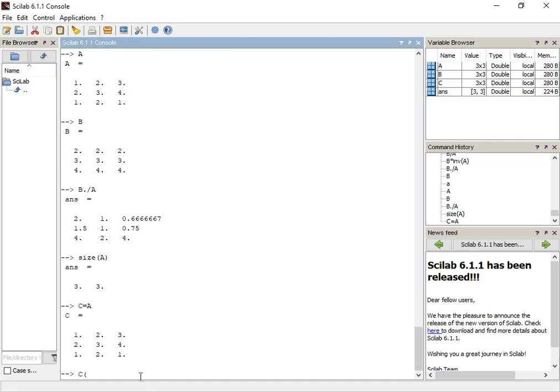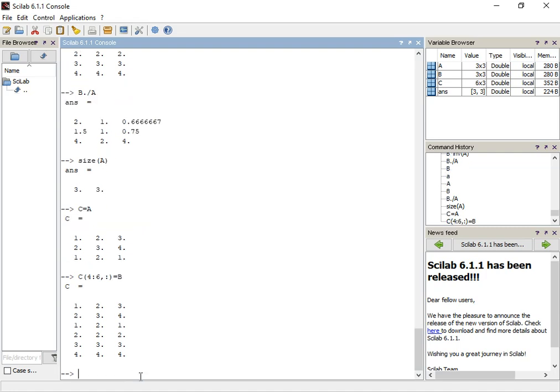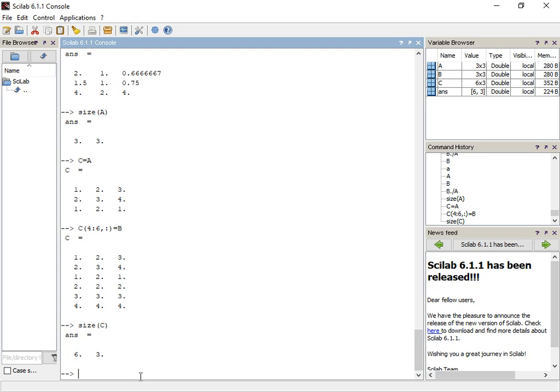C of say fourth to sixth rows are being from B. Okay, so this is now the new matrix C. Then if I check the size of C, it will give me a 6 by 3 matrix.